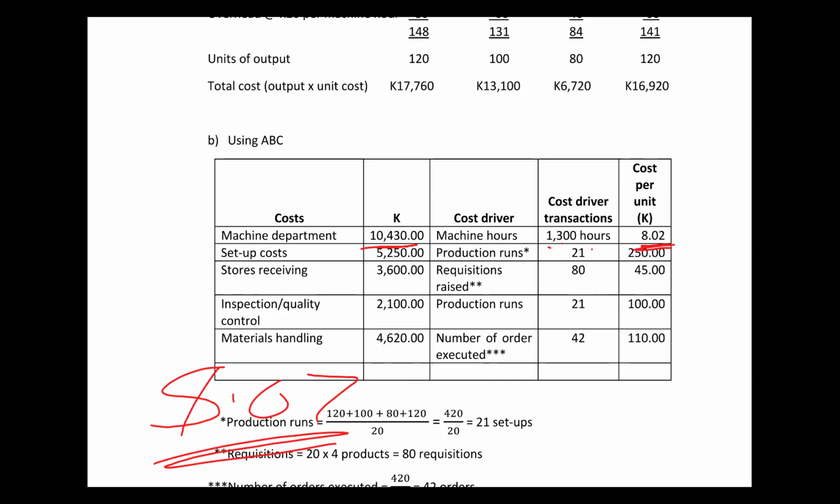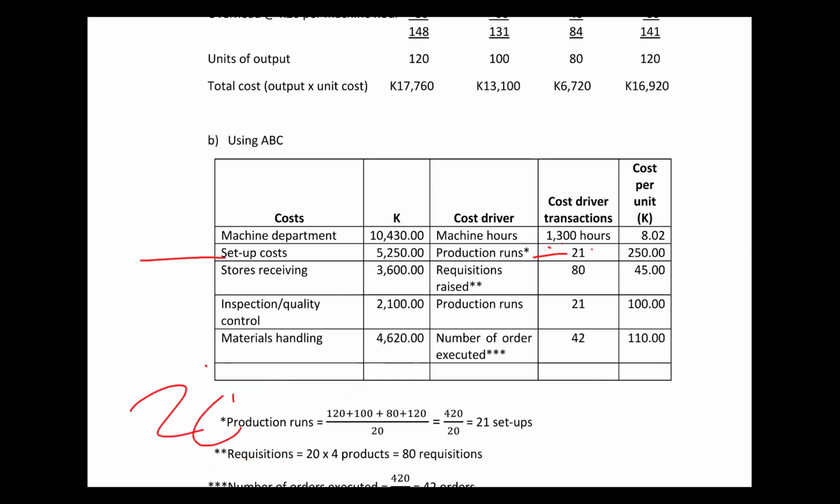We should be fine. Then when we come to the other costs, which one is the other overhead? The setup. Setup is based on the production runs. Now listen. The production runs are in batches of 20 units per run.